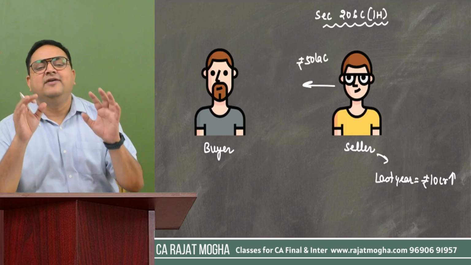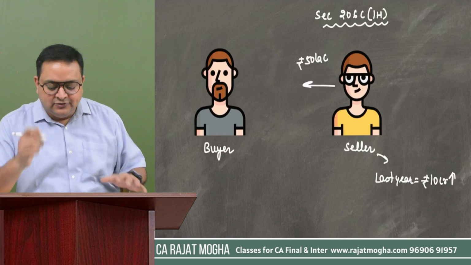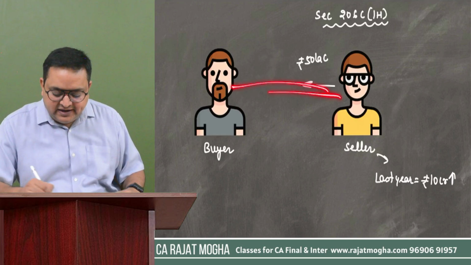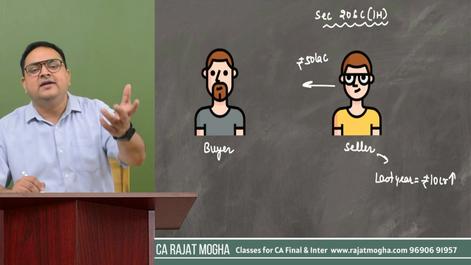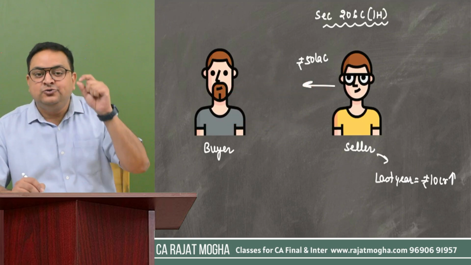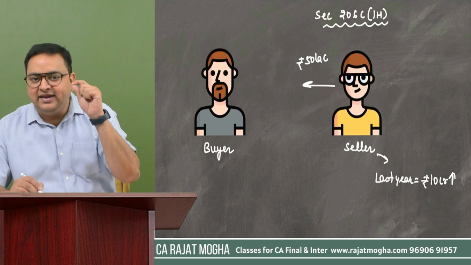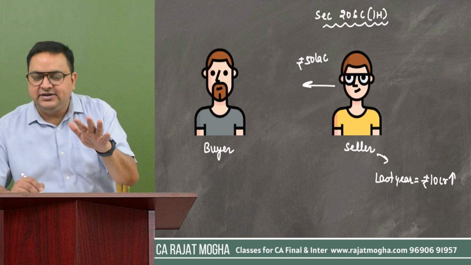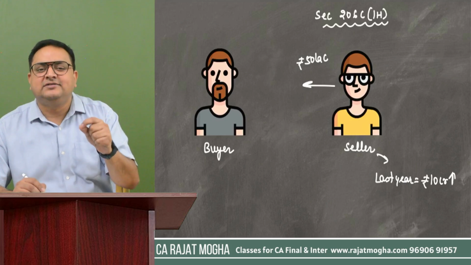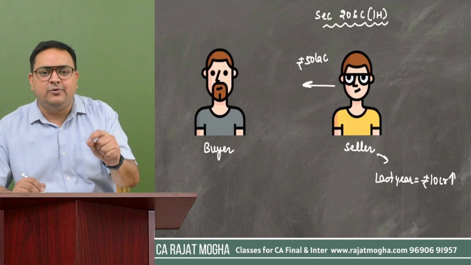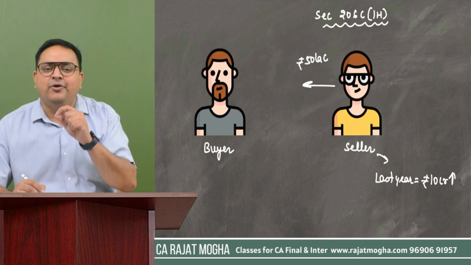That is, high value transactions are happening. So let's say during the year, this person is selling to the buyer and the value exceeds, in aggregate, rupees 50 lakh. Up to 50 lakh, we are not going to charge TCS, but in excess of 50 lakh, we are going to charge TCS at a very nominal rate, just 0.1%.